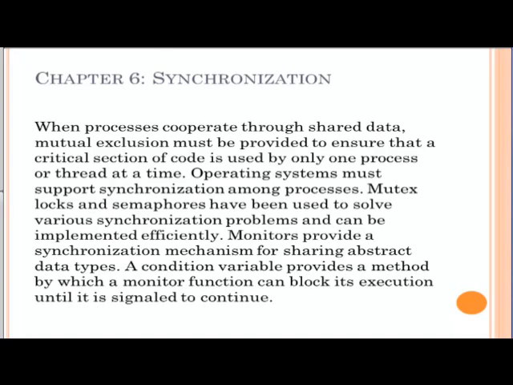Mutual exclusion locks and semaphores have been used to solve various synchronization problems and can be implemented efficiently. So you're going to be learning about these locks and these semaphores. This week you'll have to pay special attention to the code because we are creating a program for this week. So it's very important to start early.